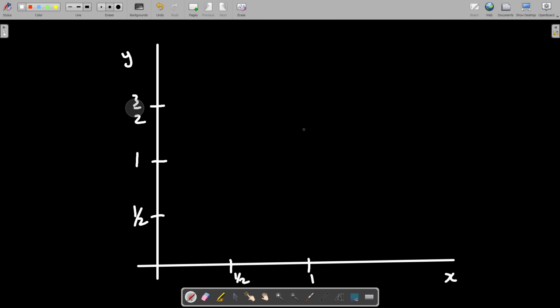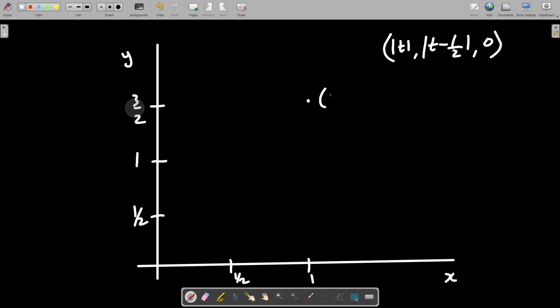Okay. Notice something here. When t is equal to minus 1, what is going to be the value of the curve? When t is equal to minus 1, the value of the curve becomes 1 comma 3 by 2, right? It is mod t, so t equal to minus 1 will become plus 1, and this will become minus 1 minus half, minus 3 by 2, modulus will make it plus 3 by 2.